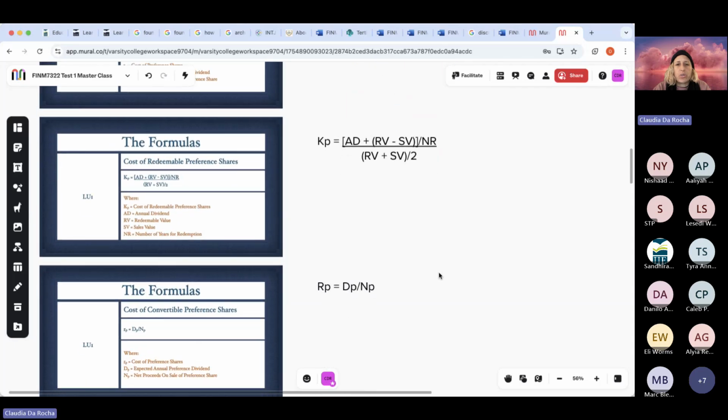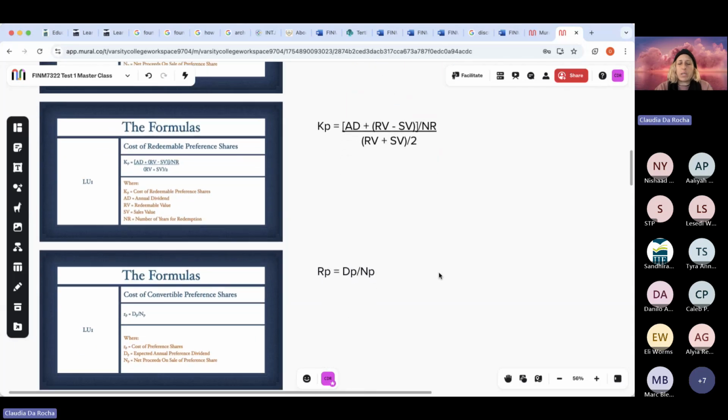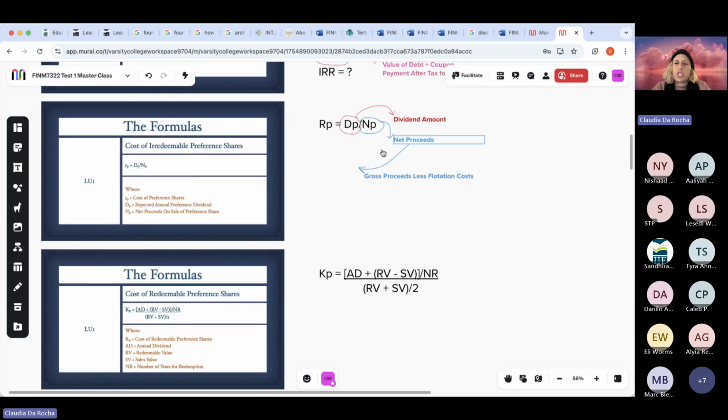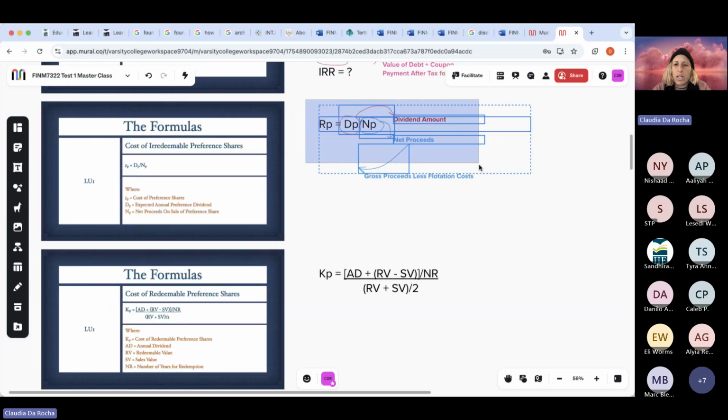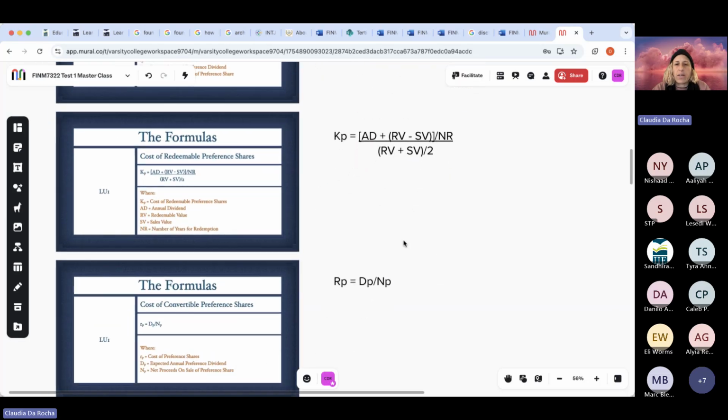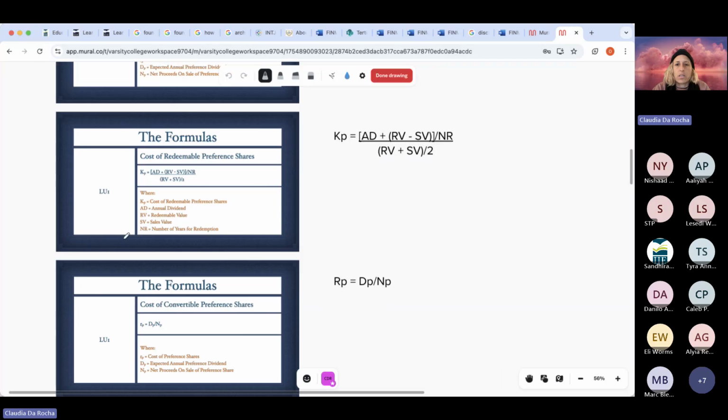Then we go to our very long formula for redeemable preference shares. Remember I said all the other preference share formulas are as per this one. Okay, they don't change. But for your redeemable preference shares, it does have quite a difference.